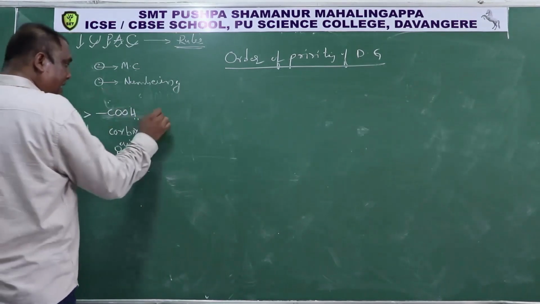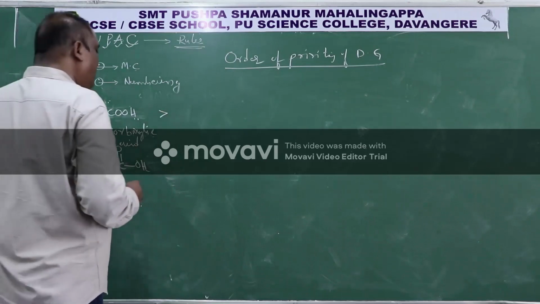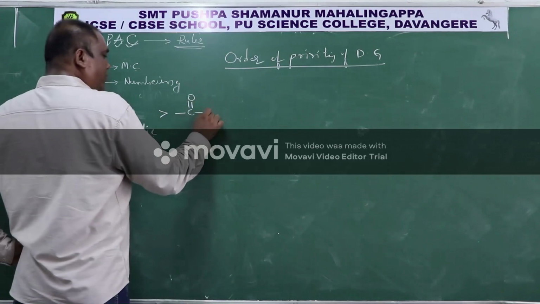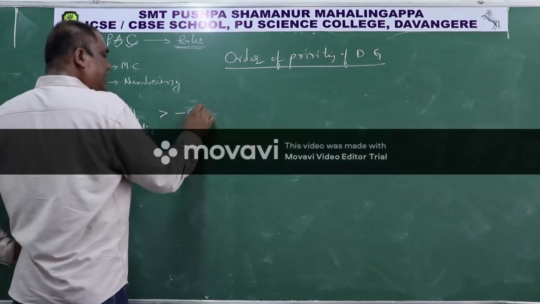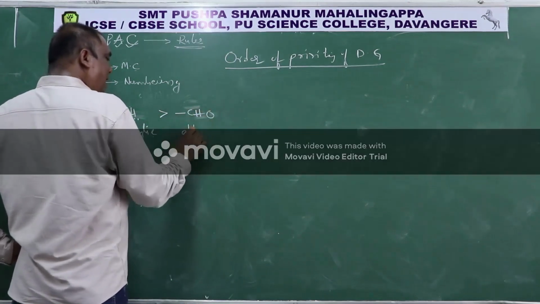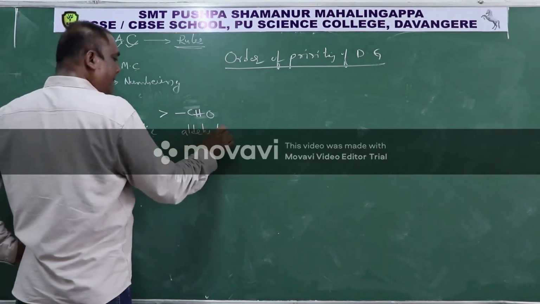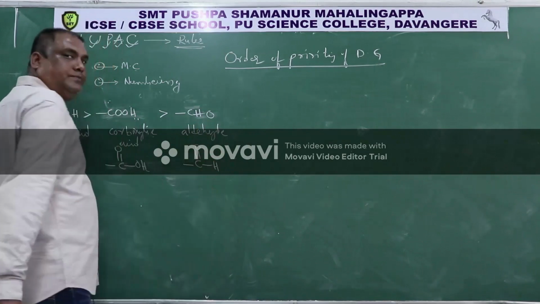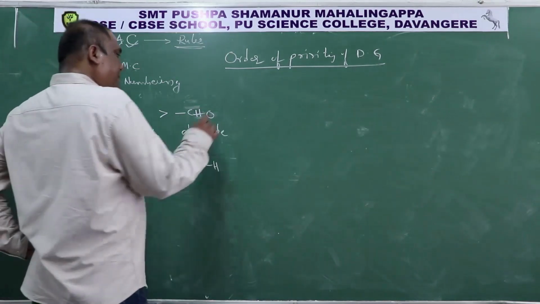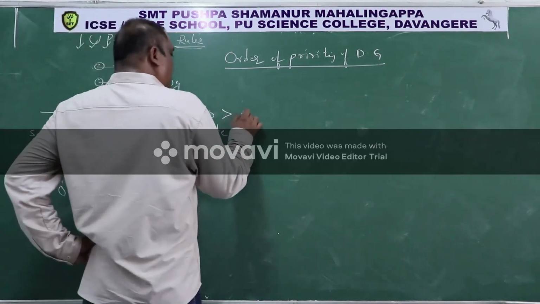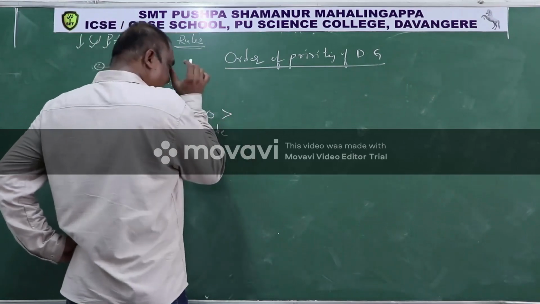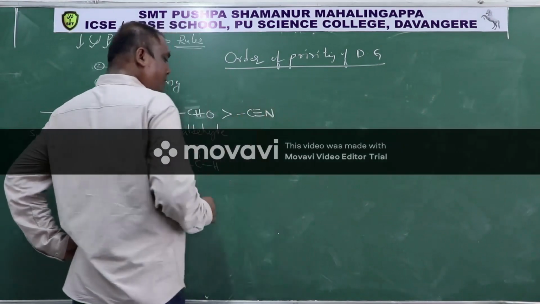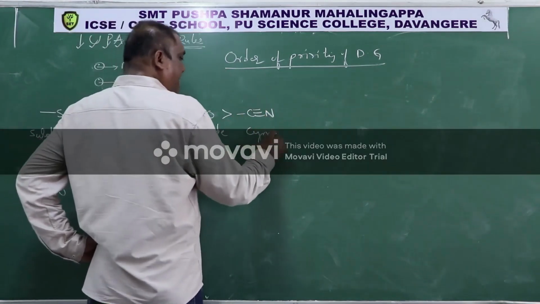It is greater than C double bond OH group. Let me write the short form, CHO group. It is called aldehyde functional group, and its structure is C double bond OH. Greater than C triple bond N group. This is cyanide group.